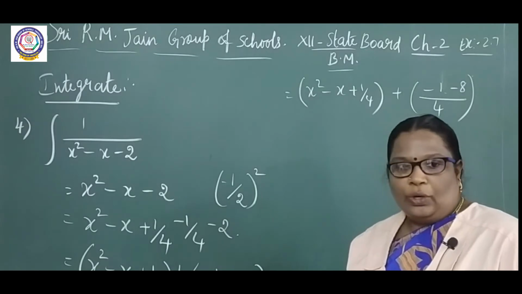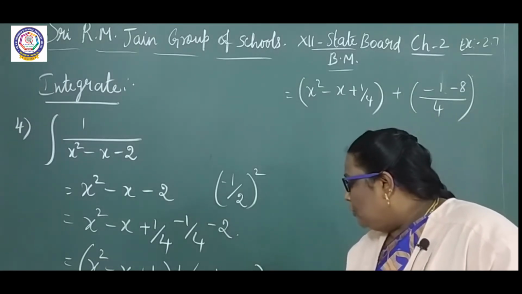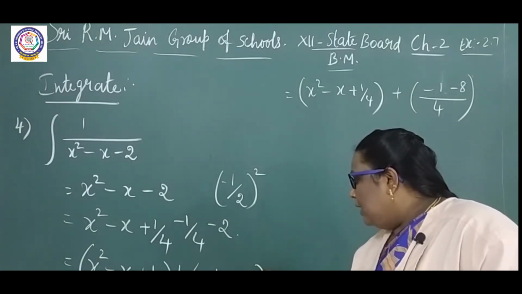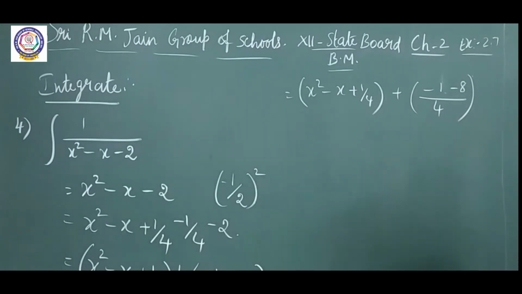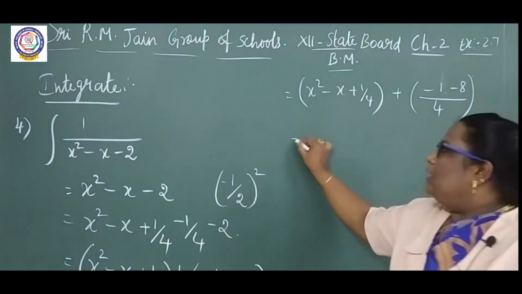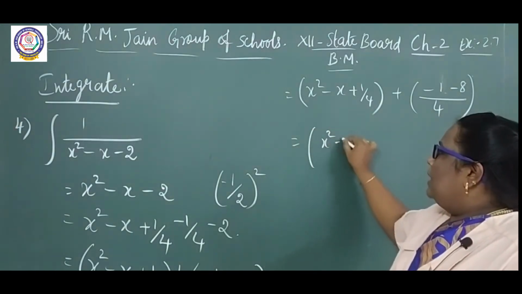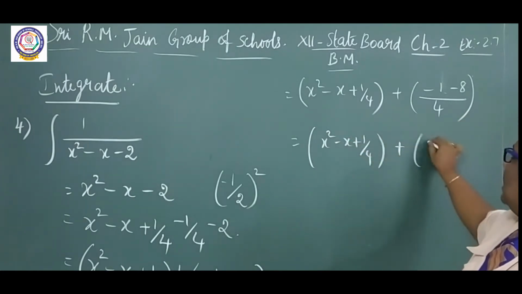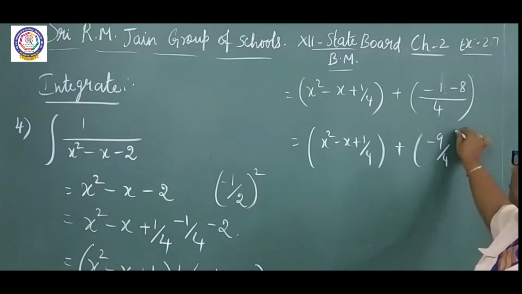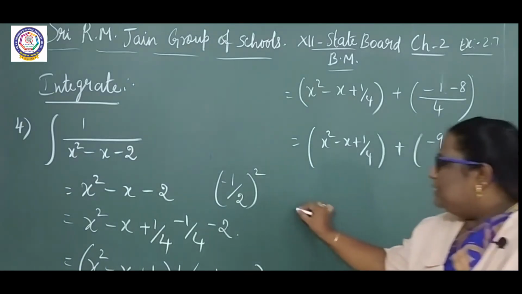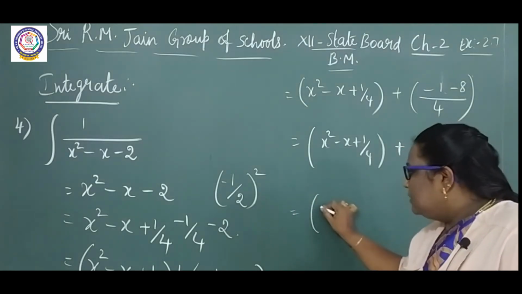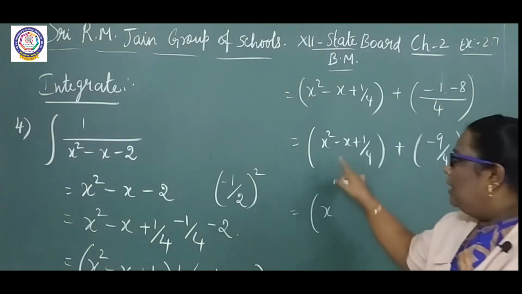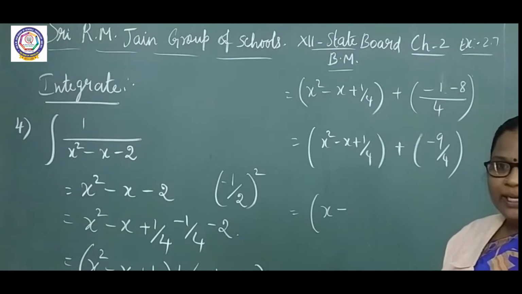So minus 9 by 4. It gives x square minus x plus 1 by 4 minus 9 by 4. See, you will write x as x, minus as minus.